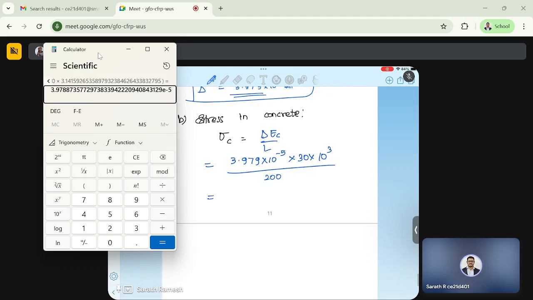This gives us sigma c directly: 3.979 into 10 power minus 5 into 30 into 1000 divided by 200. So it is 0.00597 megapascal. This is very less, but still, this is the answer.